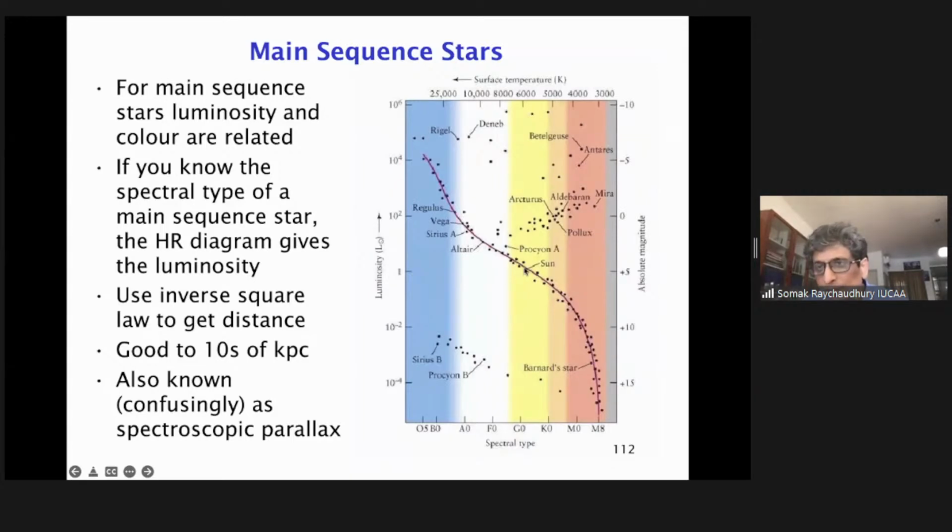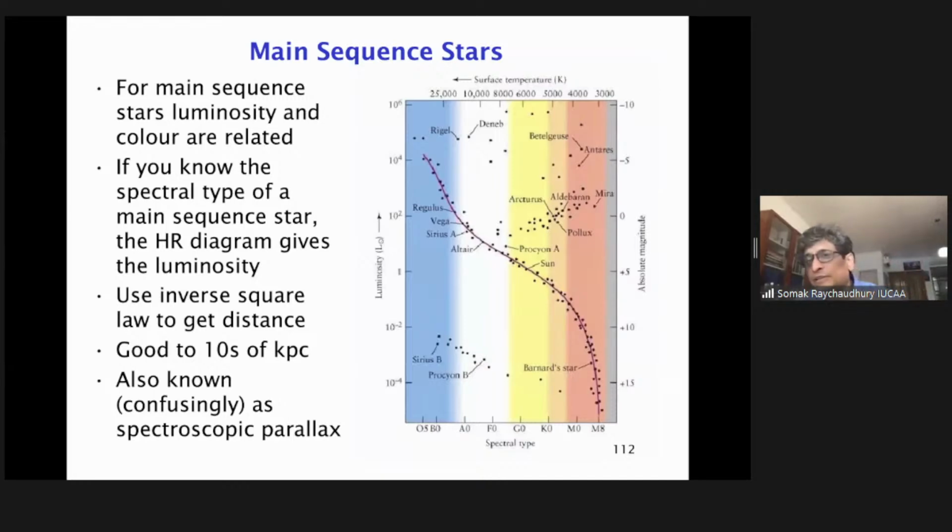So the sun is here, and you can see, from the spectrum of a star, it tells you not just whether it is a main sequence star, which means that it is in a stable configuration where it is producing energy due to fusion in its core, which is its main span of life.